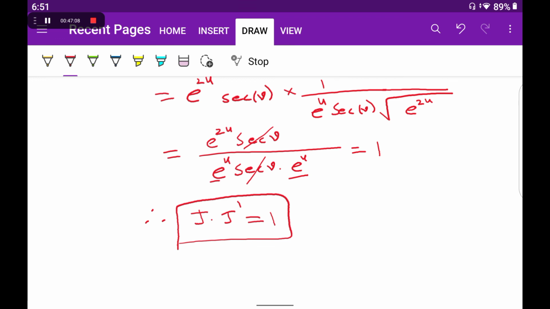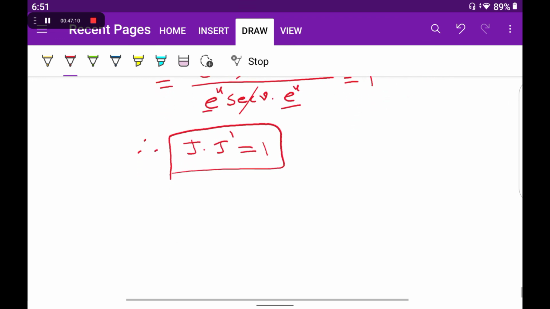So these types of problems are very important. With this, I stop here the Jacobians of two variables. So these are all the problems based on Jacobians of two variables.